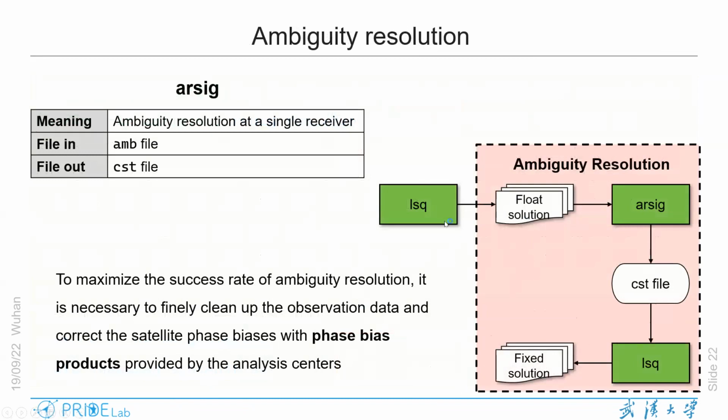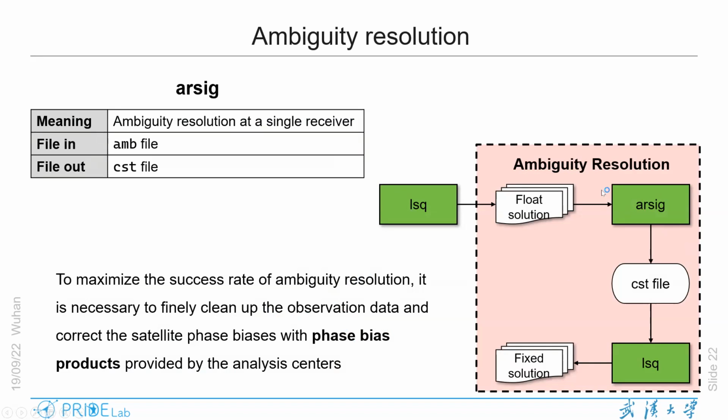We have known there are many prerequisites for solving the ambiguities. That is why we have such a complex processing flow before the ambiguity resolution. Most of them are used to maximize the success rate. However, the procedure may seem quite simple here.